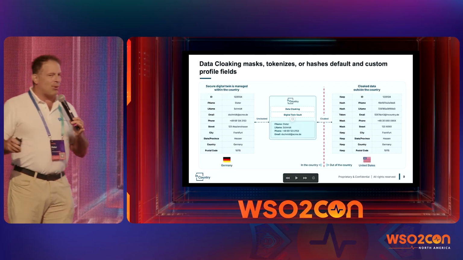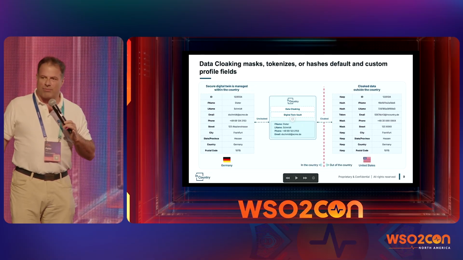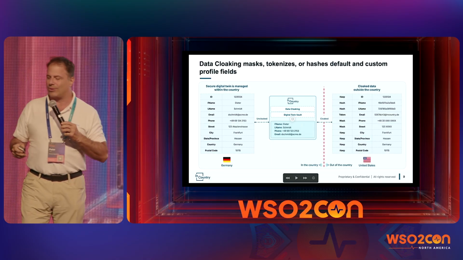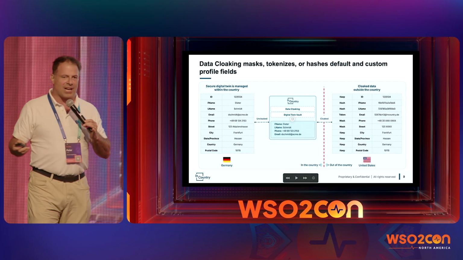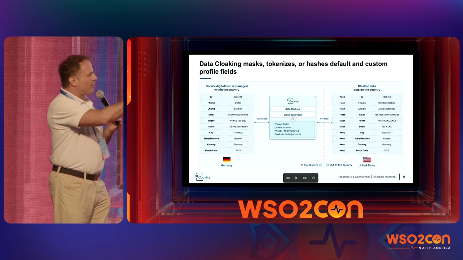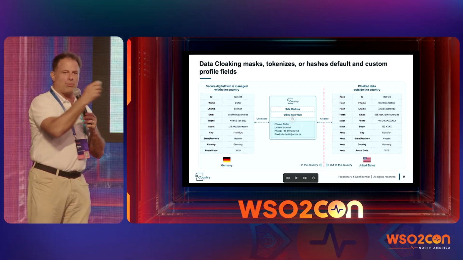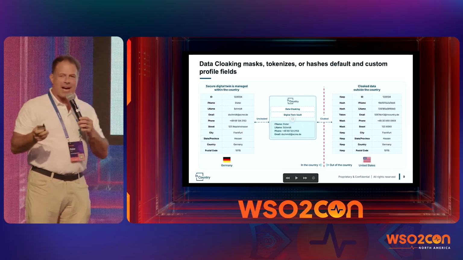So how does this work? Well, basically for each field, and this also works for your Asgardeo custom fields, you can define exactly how to mask or tokenize or hash a field. So that's unique on each side. If you look at what's on the right, this is what gets stored in the global server. So if you have a global server running in the United States, those fields on the right are masked, they're hashed.